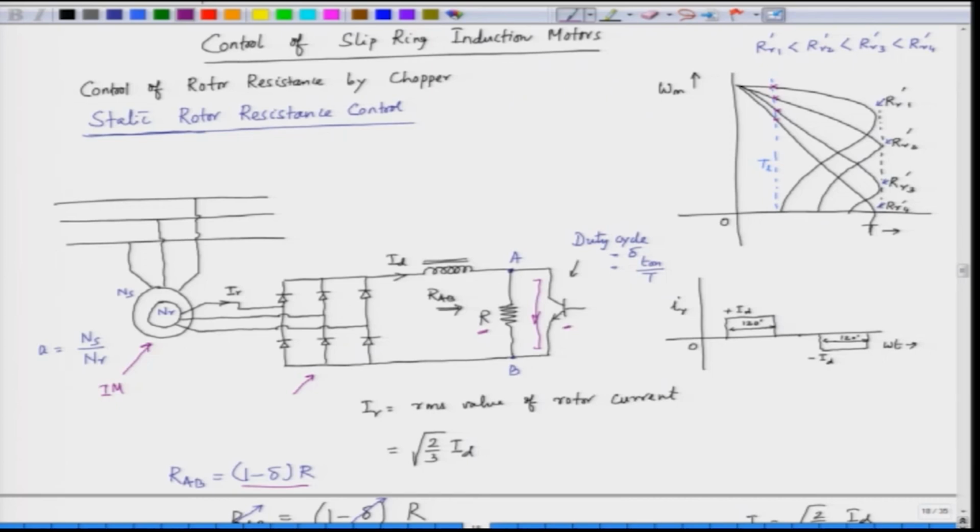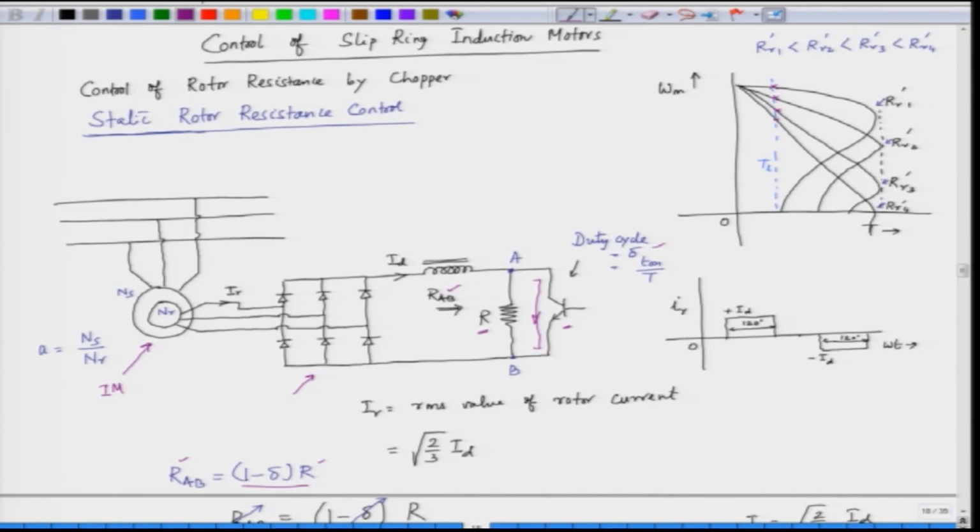What we saw here is that the resistance seen from this AB terminal, RAB, is given as (1 minus delta) into R, where delta is the duty cycle of the chopper switch that is connected here.